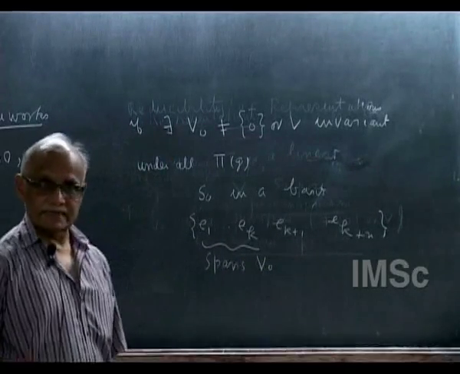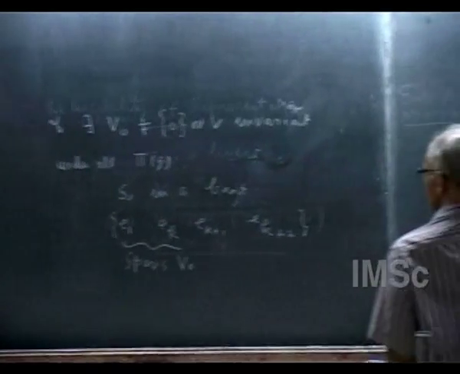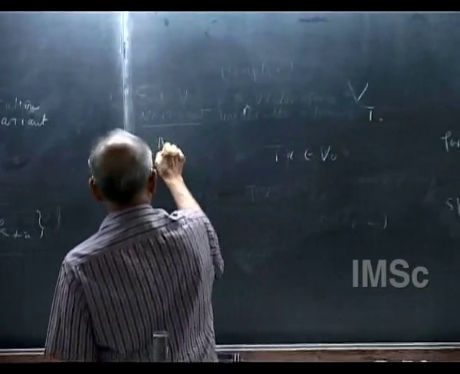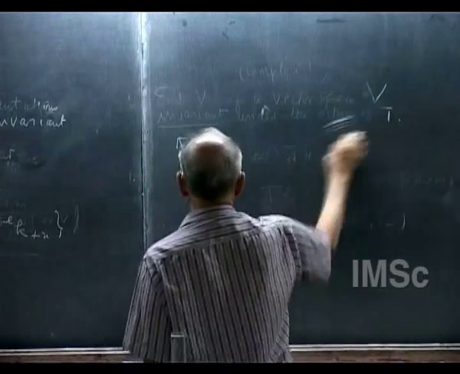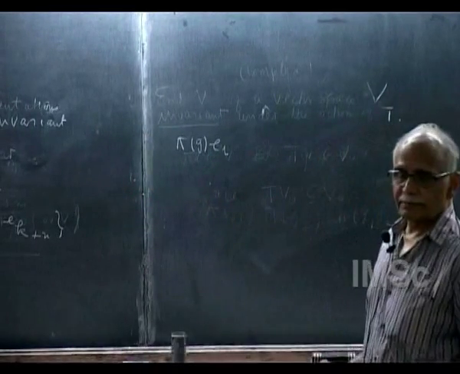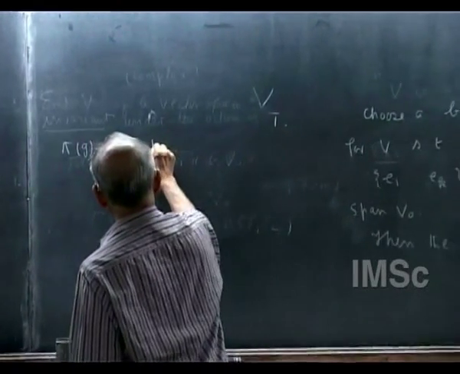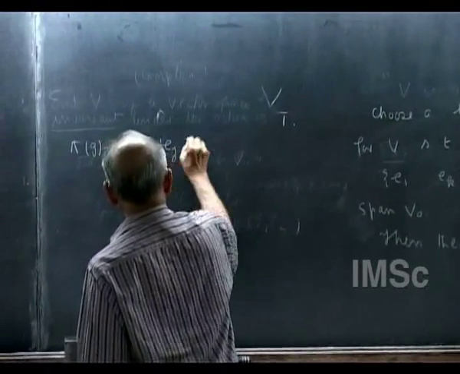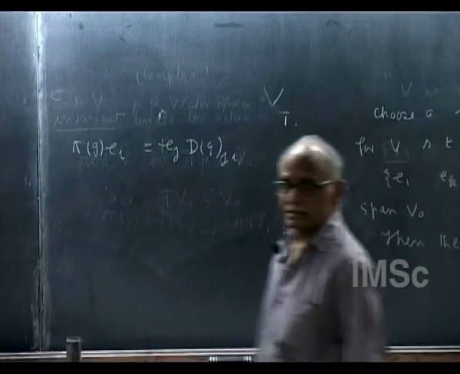In this adapted basis, the matrix of pi g: if I write pi g on Ei, it is by definition Ej times the matrix of pi, with j summed.